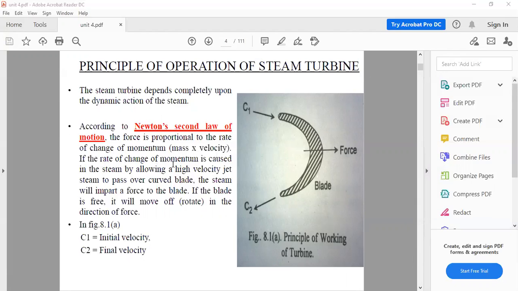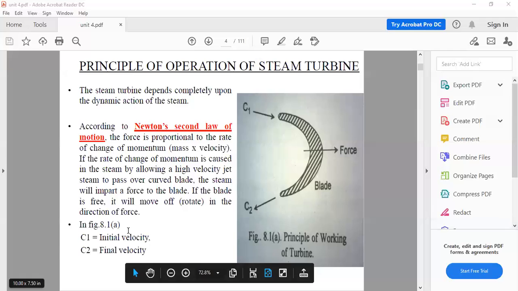If the rate of change of momentum is caused in the steam by allowing a high velocity jet of steam to pass over a curved blade, the steam will impart a force on the blade. If the blade is free, it will move off in the direction of the force. So C1 is the initial velocity, C2 is the final velocity.